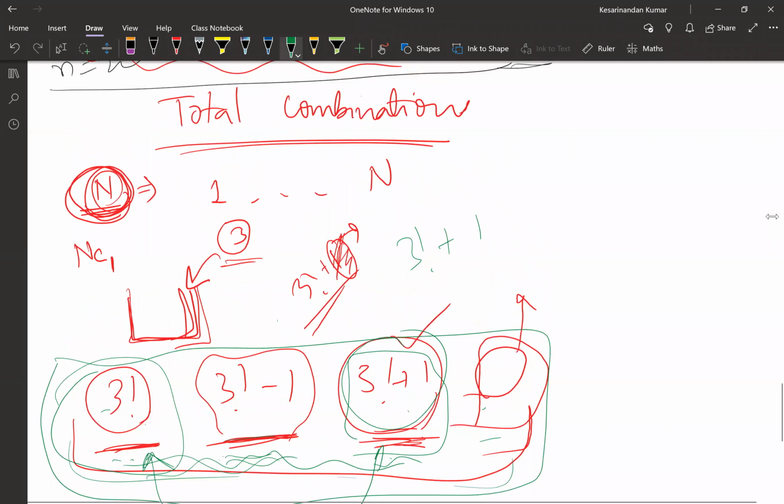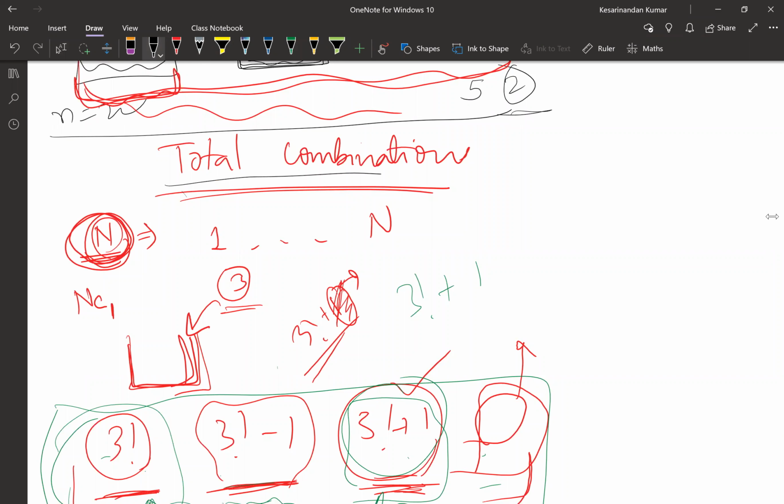Okay. Moving back to our original point of total number of cases. Now what we have to do is choose all total number of possibilities.